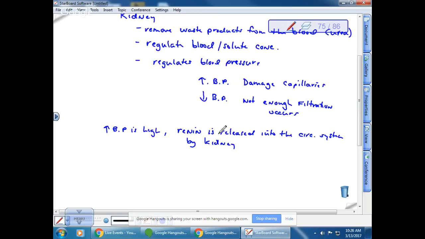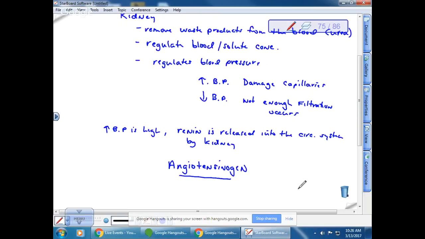Renin is actually an enzyme, and it causes a chemical reaction to occur. And so it causes angiotensinogen, which is the inactive form.